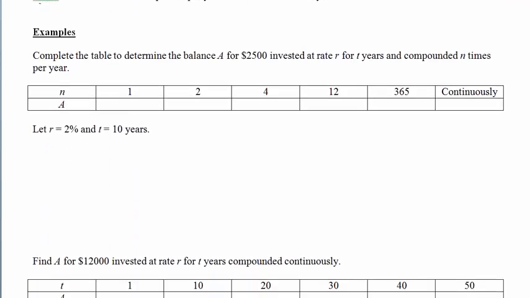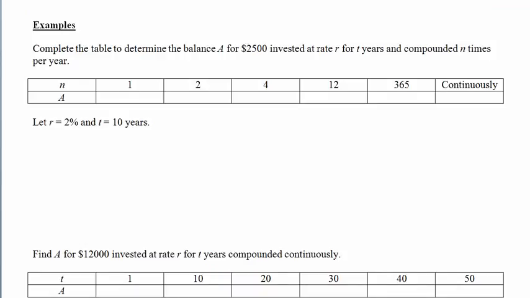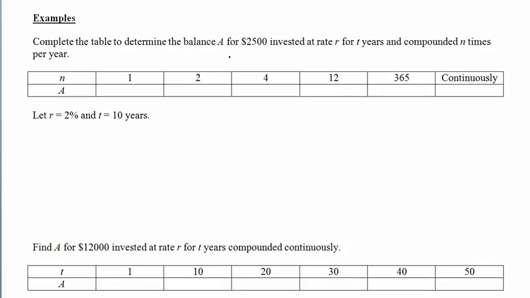We're going to complete the table to determine the balance A that you'll have for your $2,500 investment at a rate r for t years and compounded n times per year. Let's look at the structure of this table. The top row, n, represents the number of times per year that the institution will stop and calculate your interest. So once a year, maybe twice a year, every 6 months. Quarterly, that's kind of common for banks.